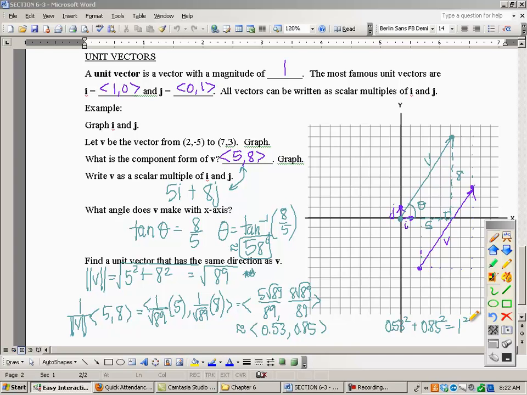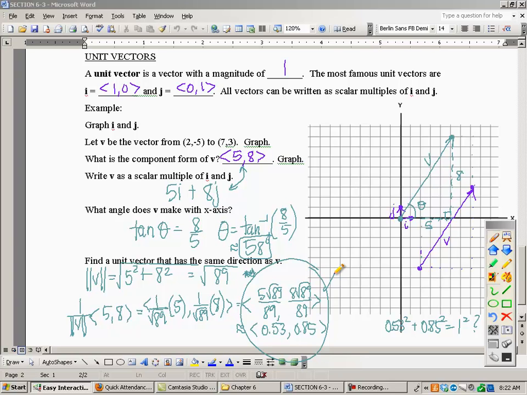Does this make it a unit vector? Obviously we round the decimals, but if it's really close to 1, then you know for sure this is your unit vector. There are two ways to write the unit vector, exact form or decimal form. Most of the time we're going to do exact form, but every once in a while a decimal is okay.